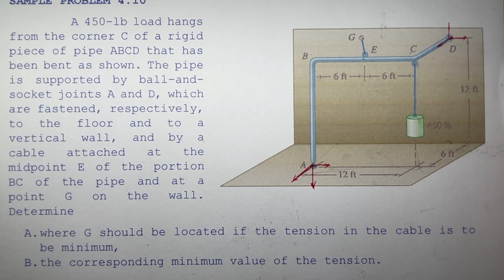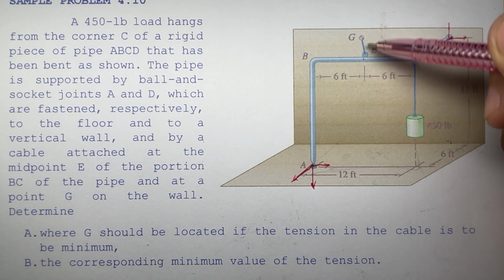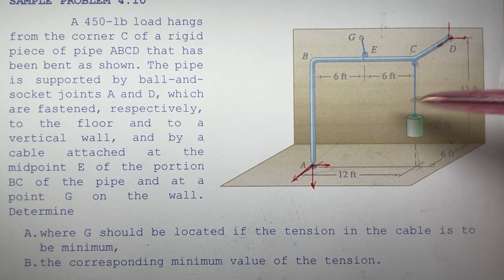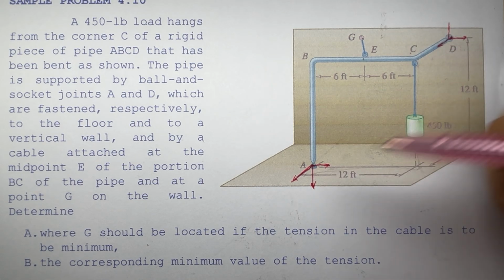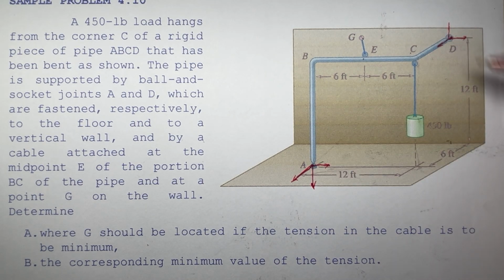Okay, but what we want here is just the magnitude of our tension and the location of point G. So we're only interested in this cable here. We are not asked to find the reactions at point A and point D. So what we want is to eliminate all the unnecessary forces.